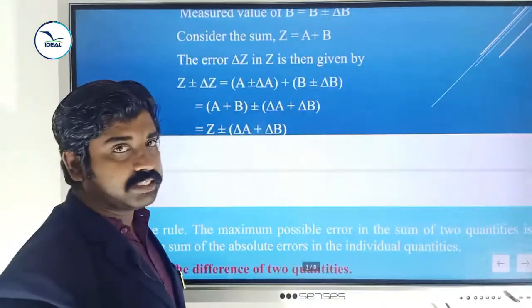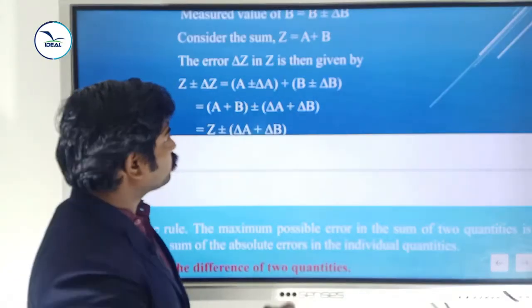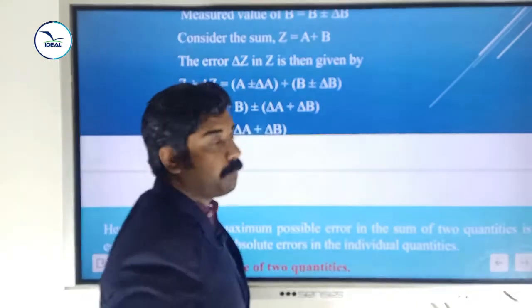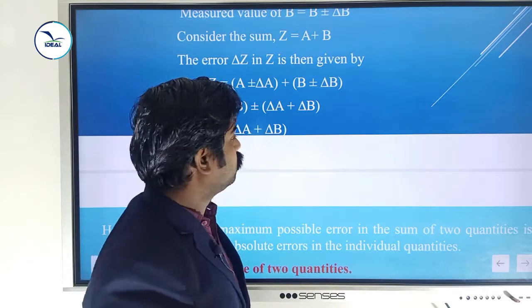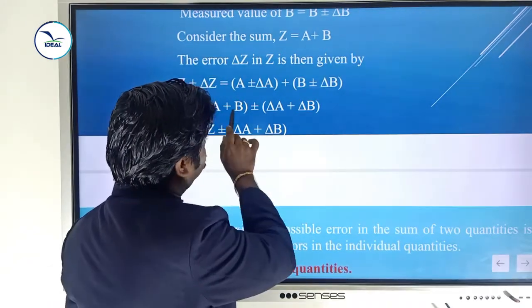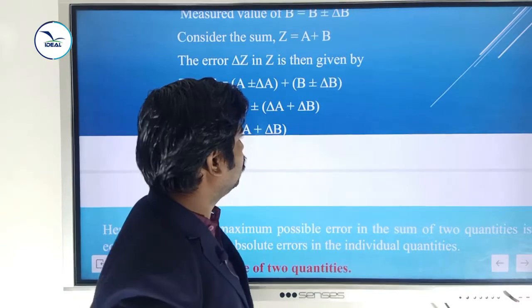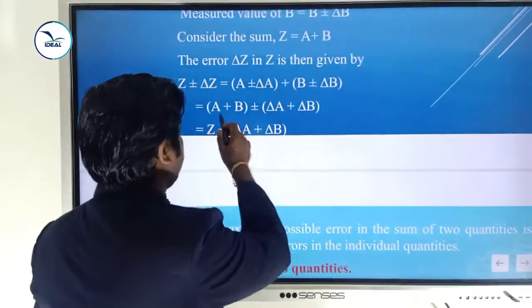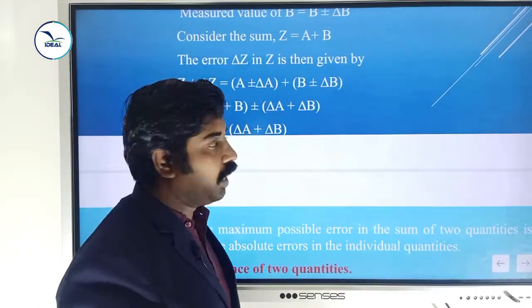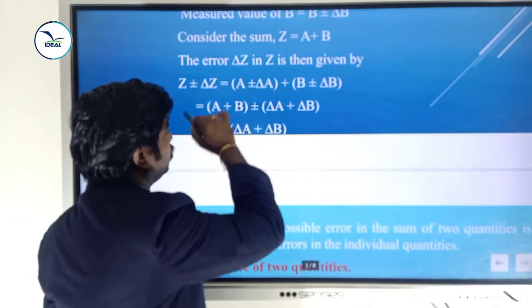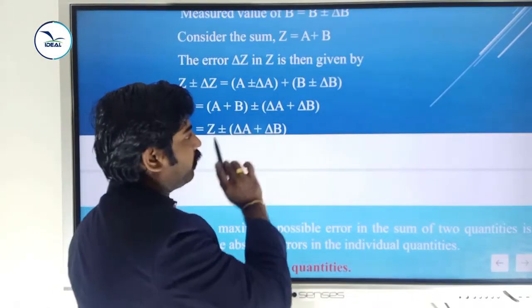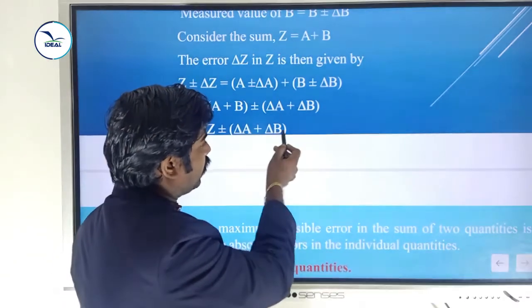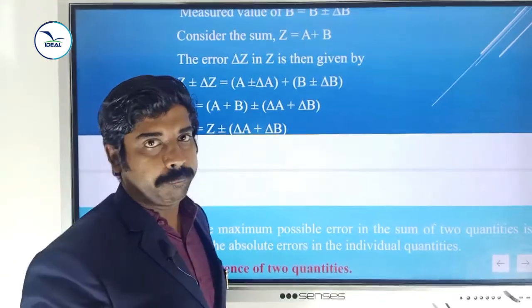Z plus or minus delta Z is equal to A plus or minus delta A plus B plus or minus delta B. So that is equal to A plus B plus or minus delta A plus delta B. So we can say that A plus B is equal to Z. Likewise, we can say that delta Z equal to delta A plus delta B. So the error delta Z is equal to delta A plus delta B.